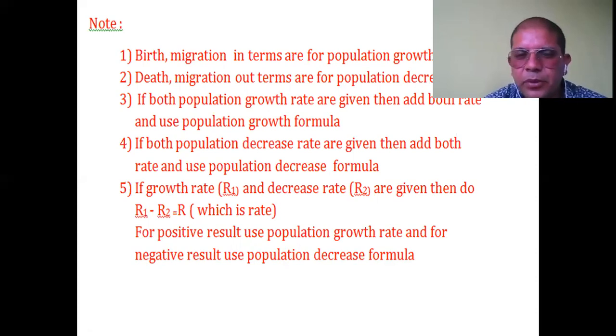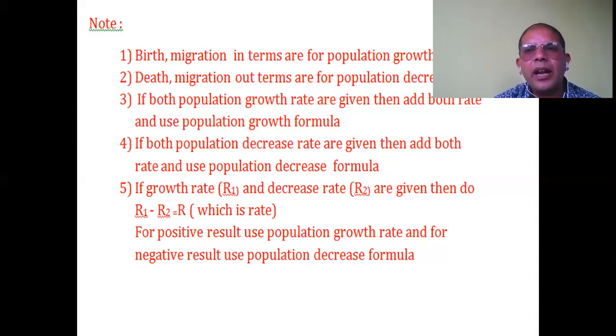I want to give you a note again. Birth and migration in terms are for population growth; death and migration out terms are for population decrease. We discussed these four terms in our story. If both population growth rates are given, then add both rates and use the population growth formula.